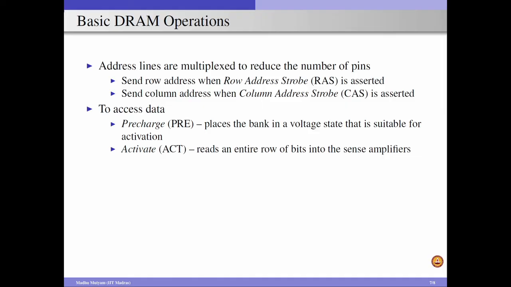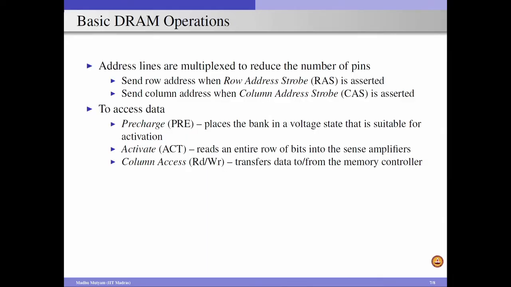And this pre-charge is required before any access to that particular bank. Then we will issue an ACT or activate command, which selects a particular row based on the data that is given to the row decoder.